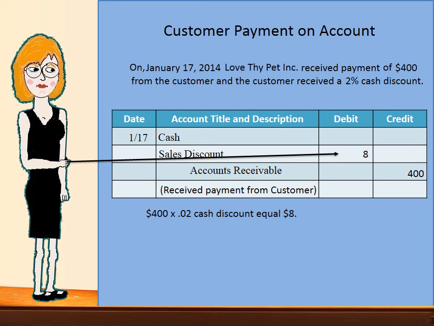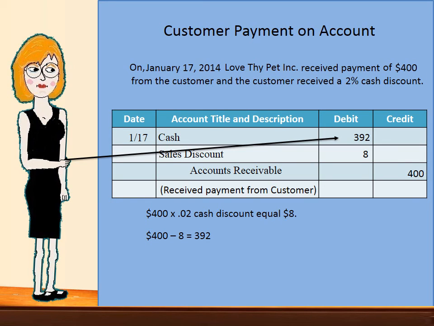We will multiply it by the 2% for an $8 sales discount, which will be debited. This increases that account. And then we will subtract the $8 from the $400 to get the amount of cash we received, which is $392. And this is how to record the payment of a customer on account during the discount period for the amount owed.